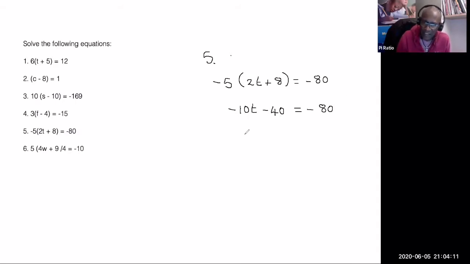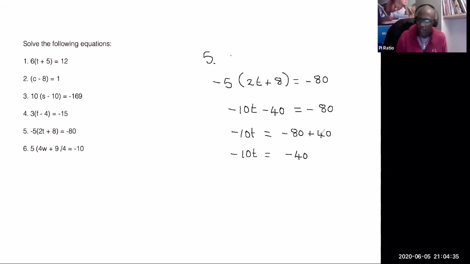The next line is going to read minus 10t is equal to minus 80 plus 40. Okay? So your next line will read minus 10t is equal to minus 40.